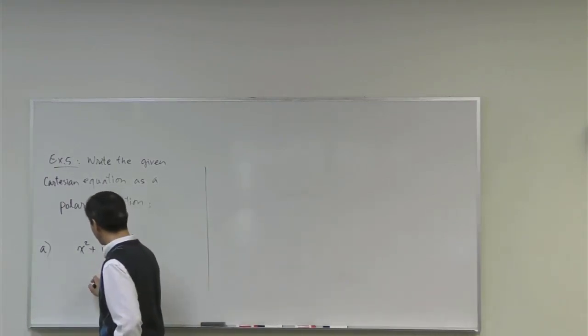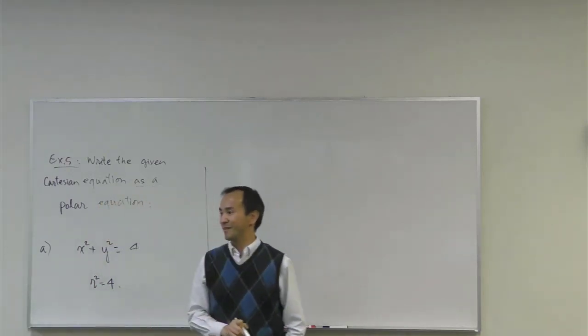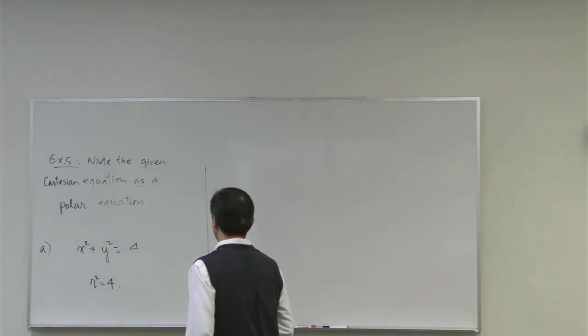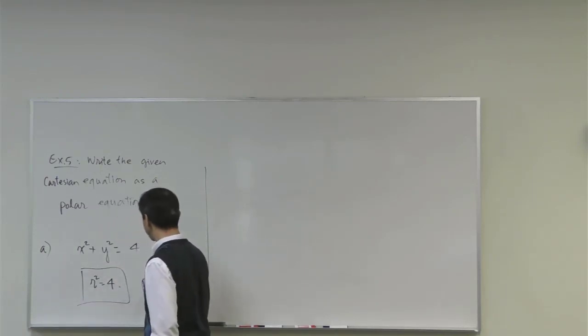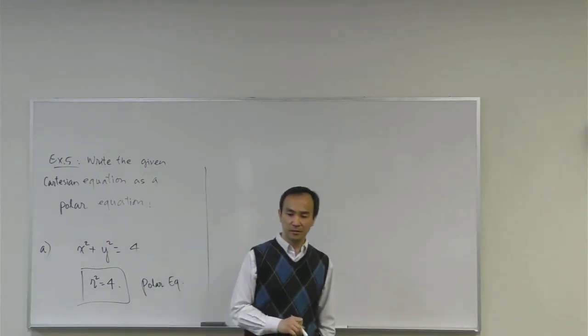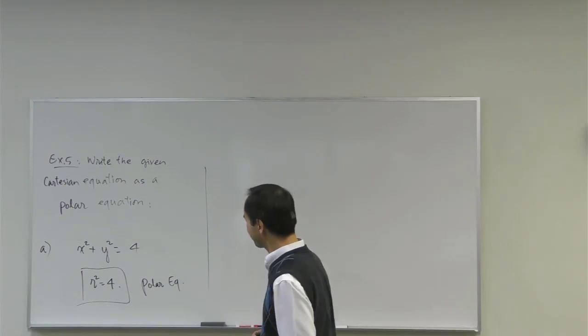Now my equation becomes r squared equals 4. Okay. And so now r squared equals 4 here. That's our polar equation. Now it has only the polar variables, right? The r and theta variables.